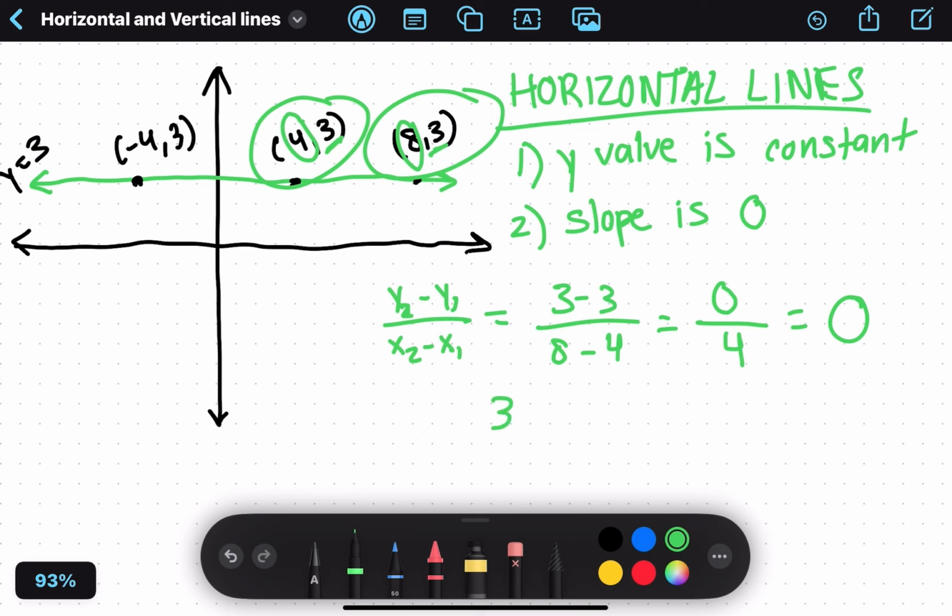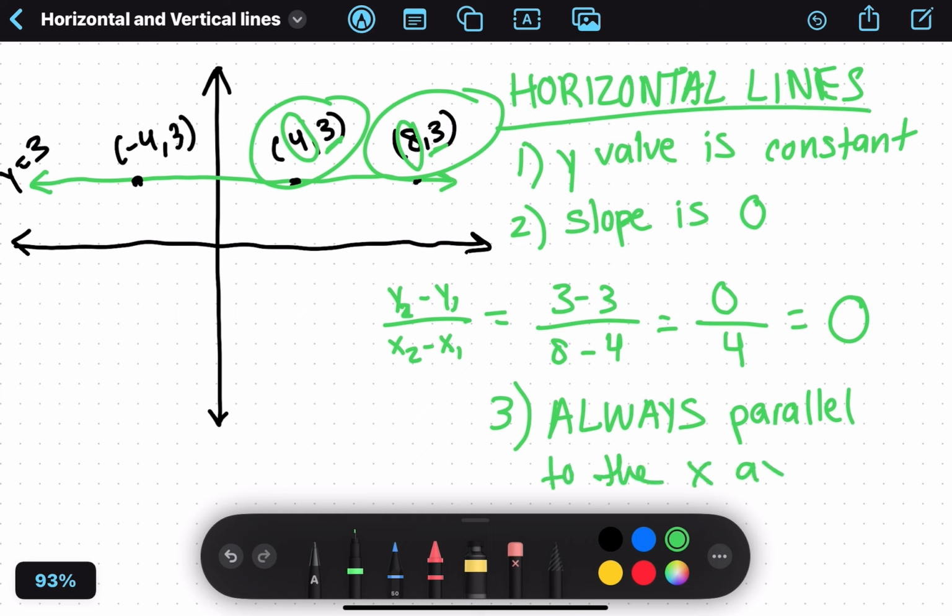One last rule about horizontal lines is that they are always parallel to the x-axis. Even though the y is constant, it's always parallel to the x-axis. It never touches, it never crosses, it never intersects the x-axis ever.